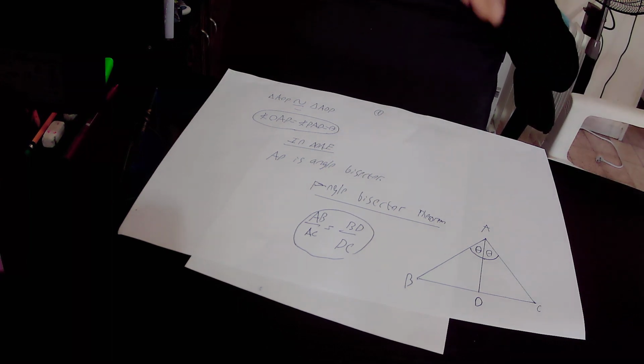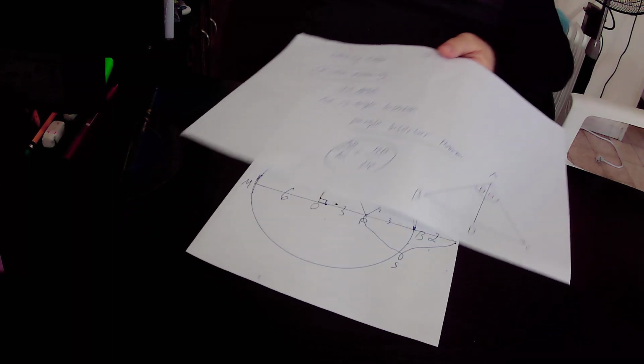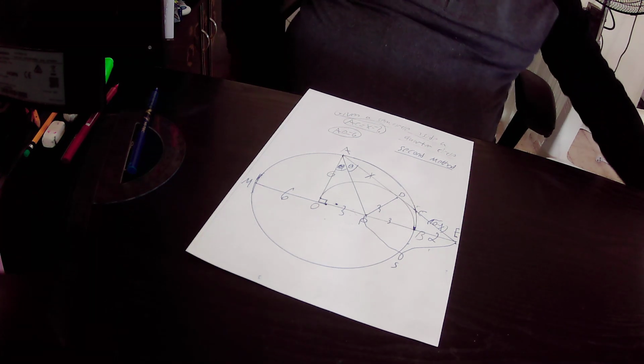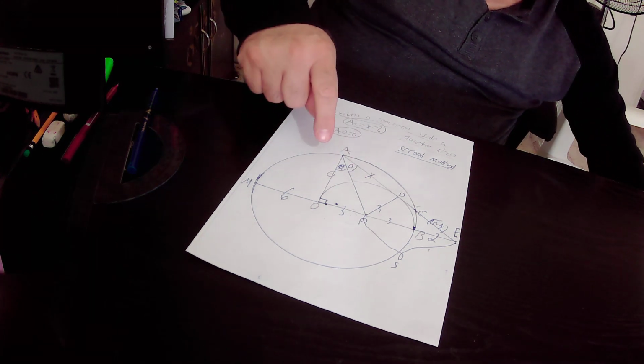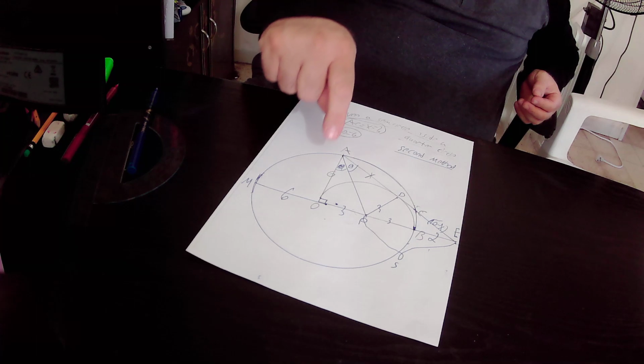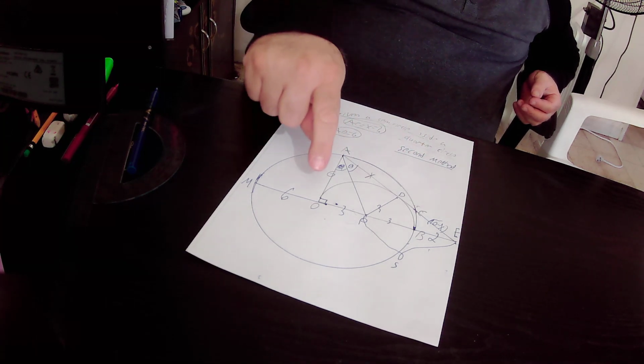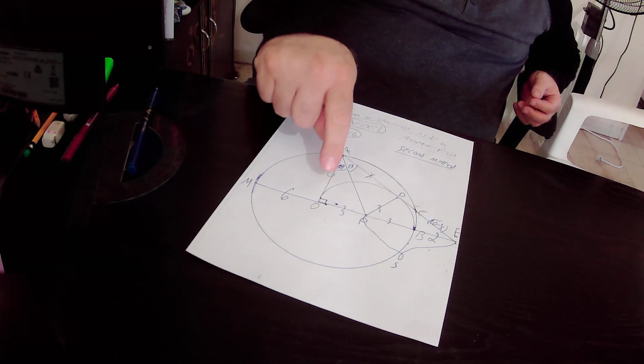We can implement the angle bisector theorem in our drawing because we have side AP that is the angle bisector of angle OAE in the right triangle OAE.